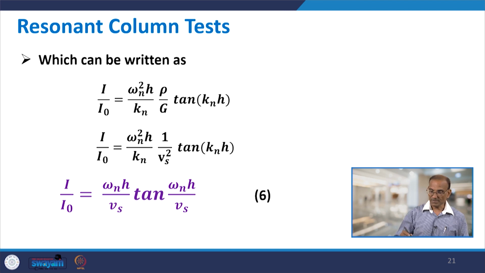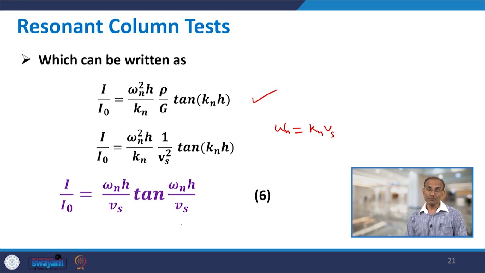I over I naught equals omega n square h over kn and rho divided by g, and rho divided by g is nothing but 1 over Vs squared. Then kn into Vs is omega n, so omega n is cancelled out because omega n is nothing but kn into Vs. So, ultimately you end up with omega n h over Vs.